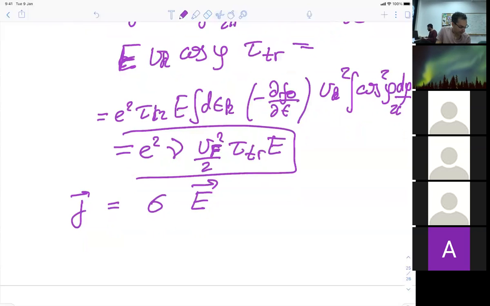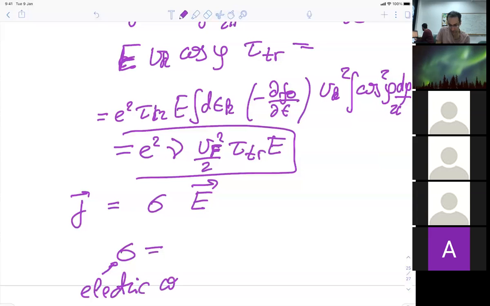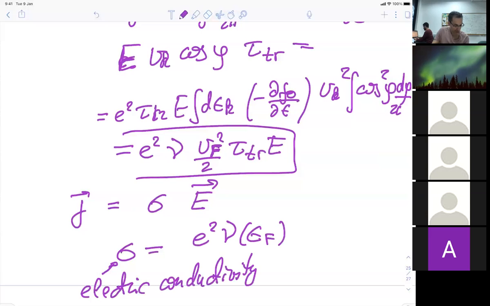And the sigma that we found, this is the electric conductivity. And what we found is that it's equal to E squared times density of states at Fermi energy, V Fermi squared over 2, times tau transport.